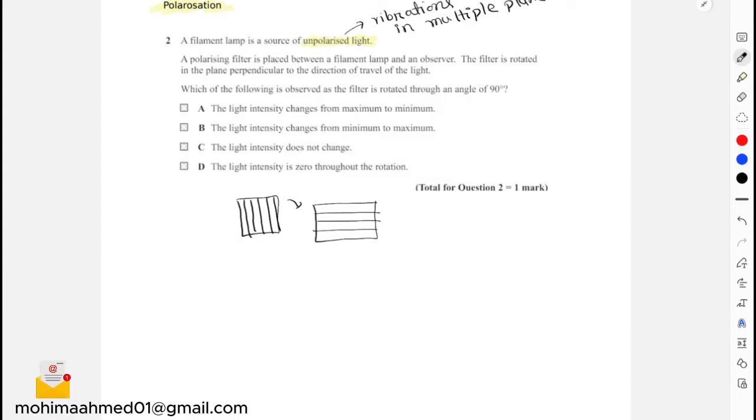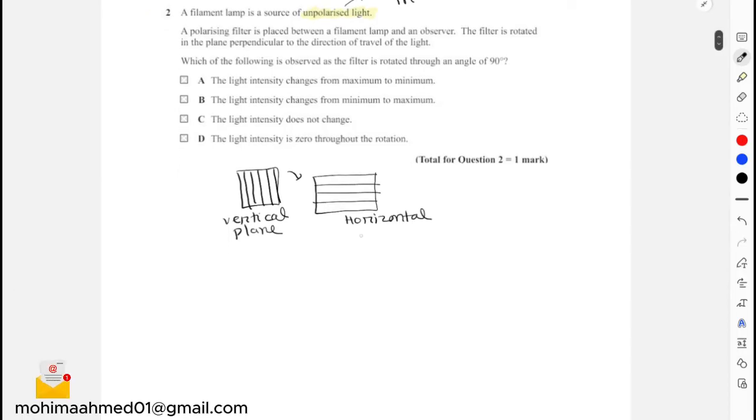So at the end of the day, the intensity will not change. Even after the rotation, it's not like the entire light is getting cancelled out. There are always some planes traveling through the filter.